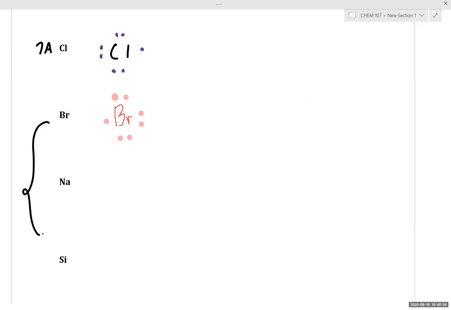And it looks like we have another proposed response for sodium. And it's great that we have a pool of responses from different members of the class.